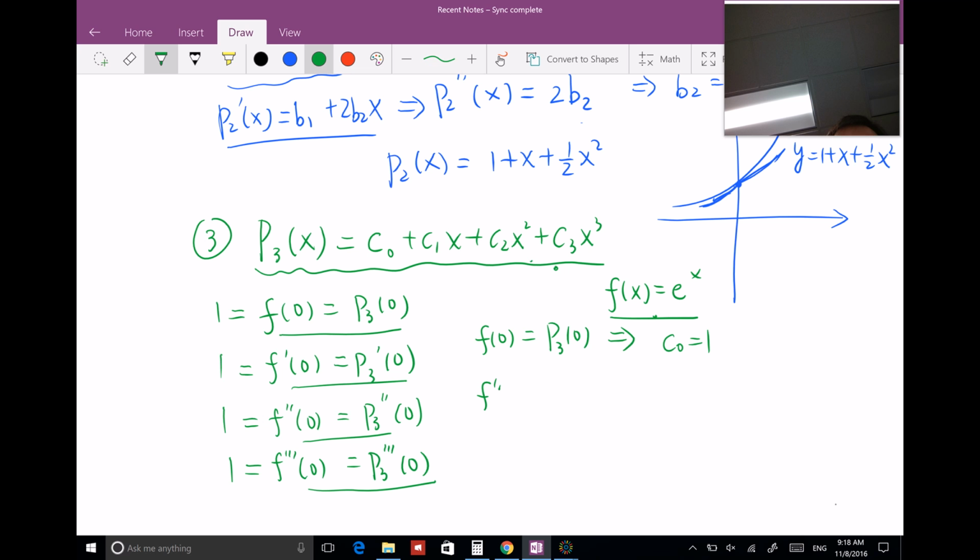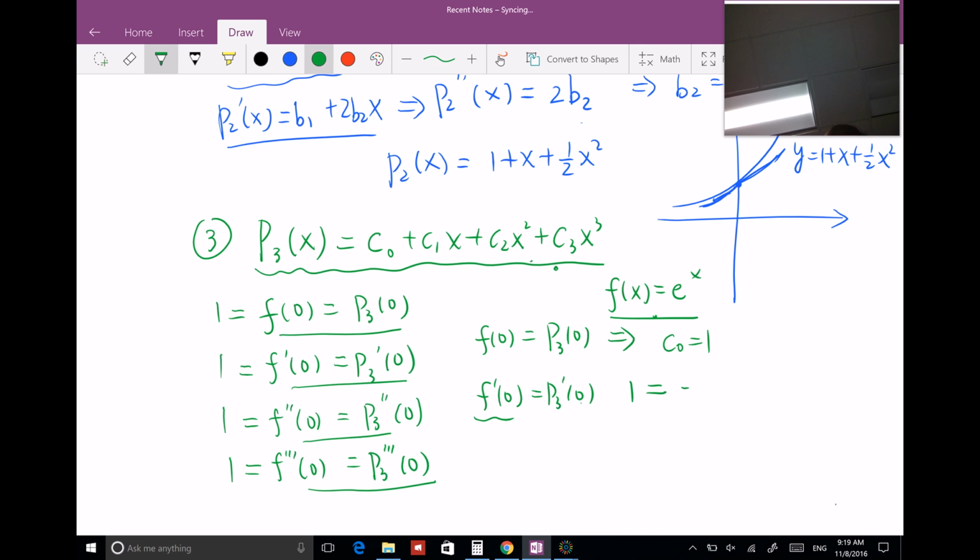Now I set the first derivative equal to P3 prime of 0, then I solve for c1. Can anyone tell me what c1 is? What did you get for c1? 1. Very good. How do you find c1? Plug it in. You already know f prime of 0 is 1.